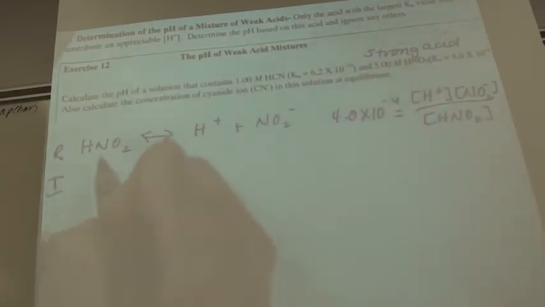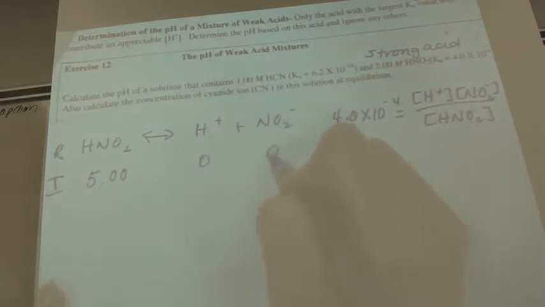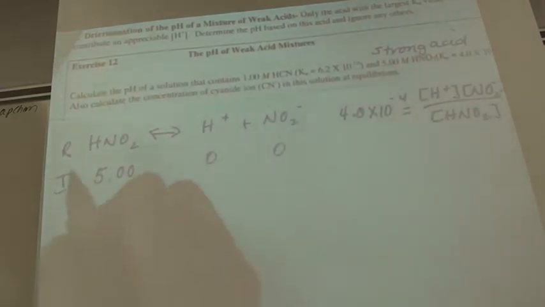Okay, the initial concentration of the nitrous acid is 5 molar. There's no hydrogen ions and there's no nitrite ions. The change to get us to equilibrium is always the same.